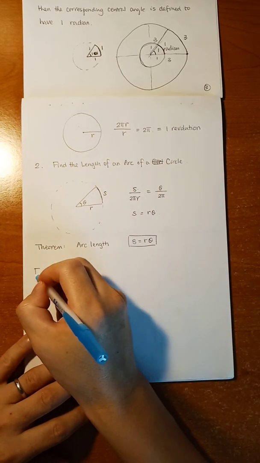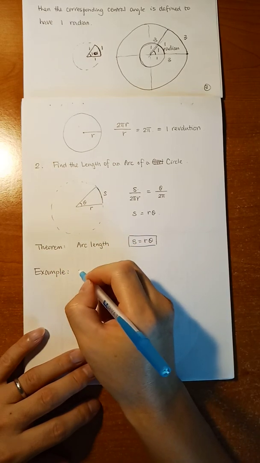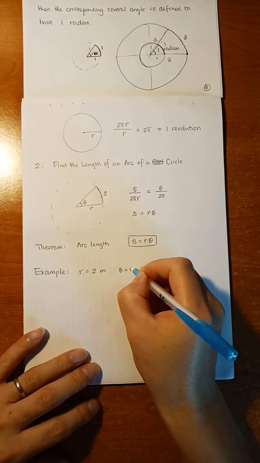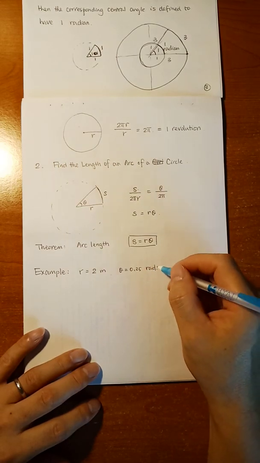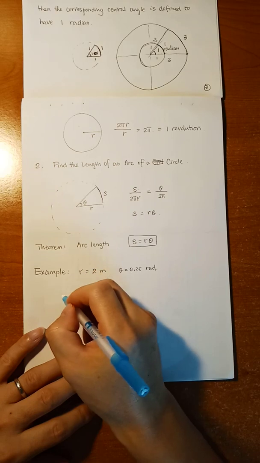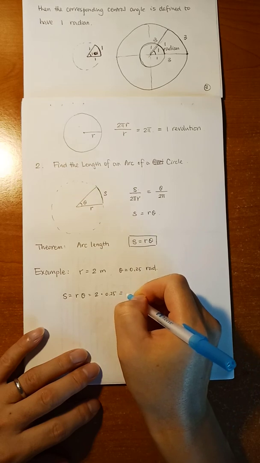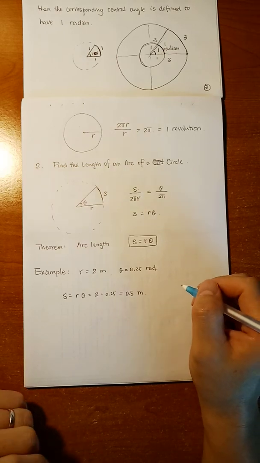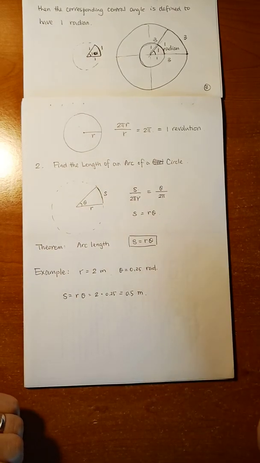For example, if we have radius equal to 2 meters and the central angle is 0.25 radian, you can either write radian or just write RAD. Then what is the length of the corresponding arc? The length of the arc is R times theta, 2 meters times 0.25, is 0.5 meters.